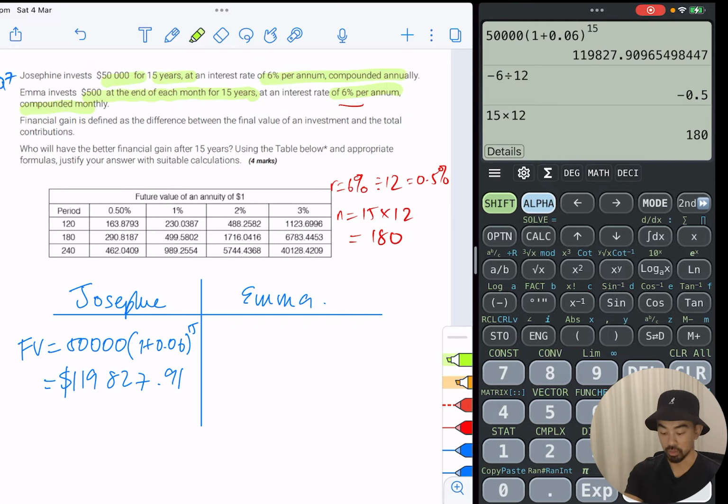So look for my rate. It's 0.5% and 180. So that's 290.8187. All right, so here we go.